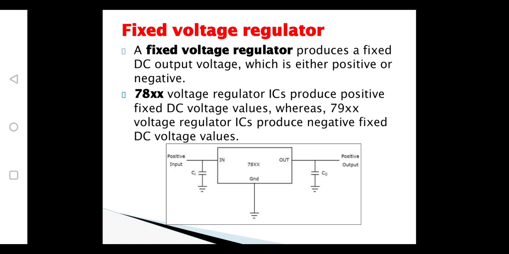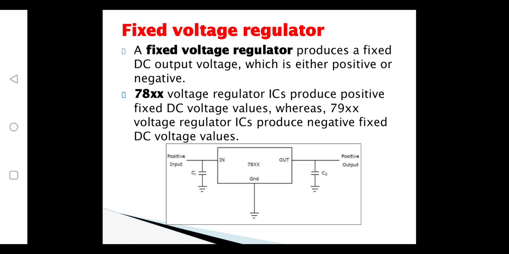If an IC number starts with 78, it is called a positive fixed voltage regulator. Similarly, ICs starting with 79 are examples of negative fixed voltage regulators. And 78XX or 79XX represents the output voltage which needs to be maintained constant.